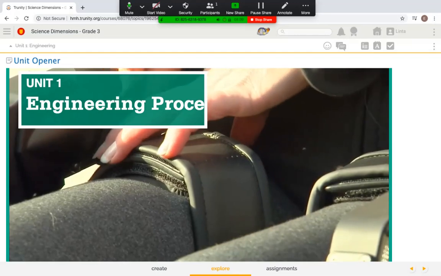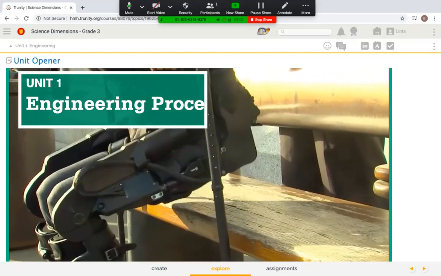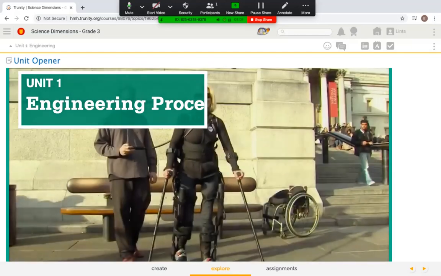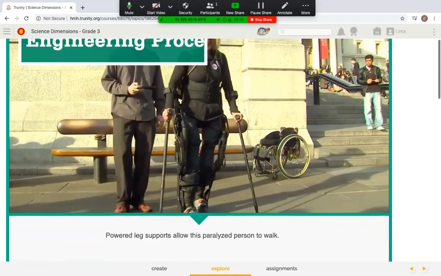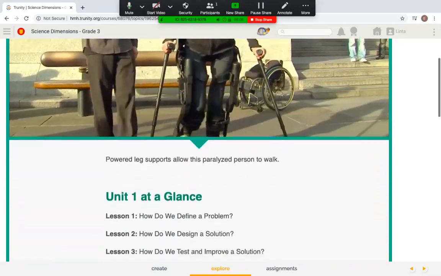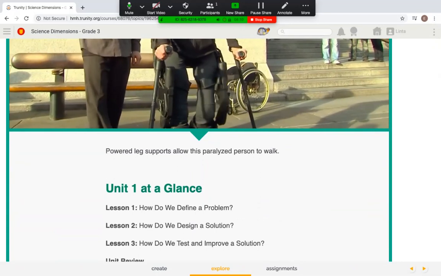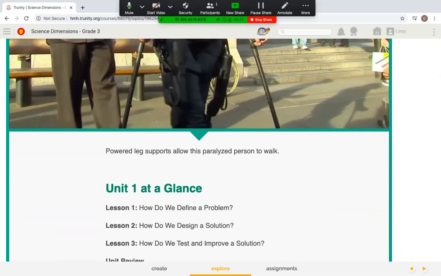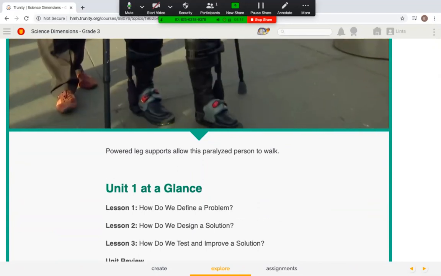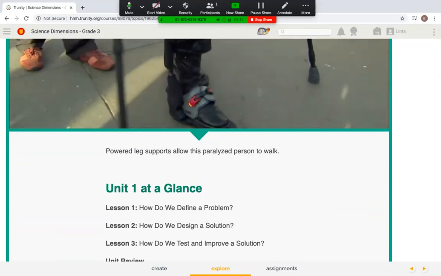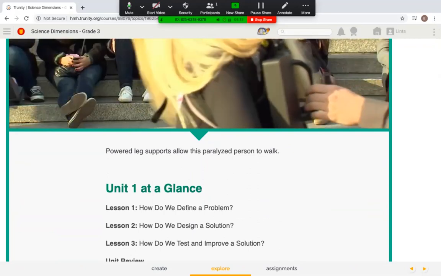So this is part of the engineering processes we will be learning about in this unit. So the unit is made up of 3 lessons. Let's start investigating and exploring lesson 1, how do we define a problem?